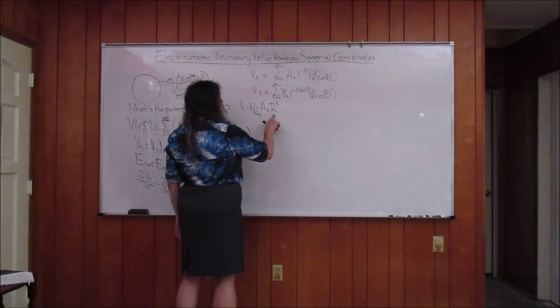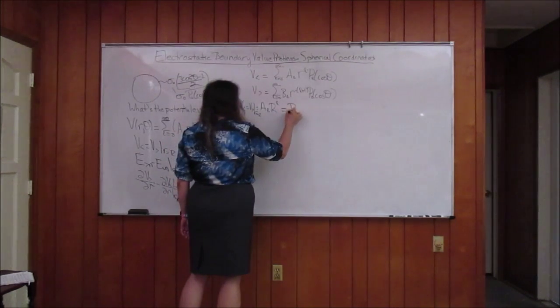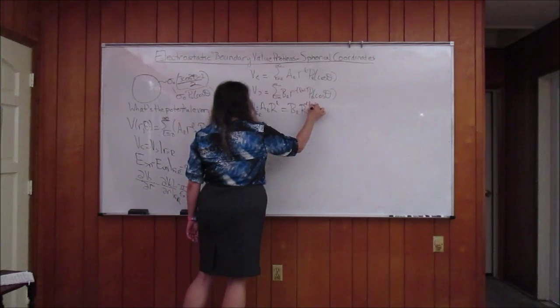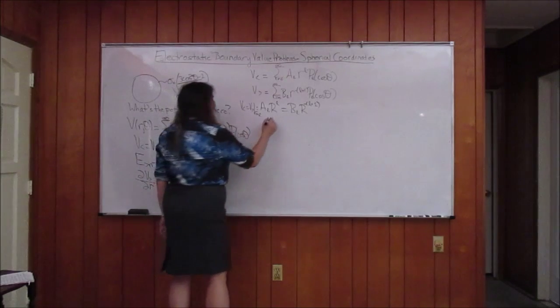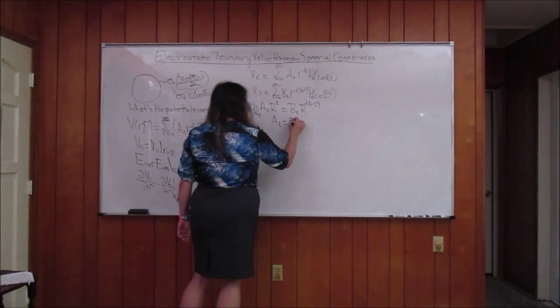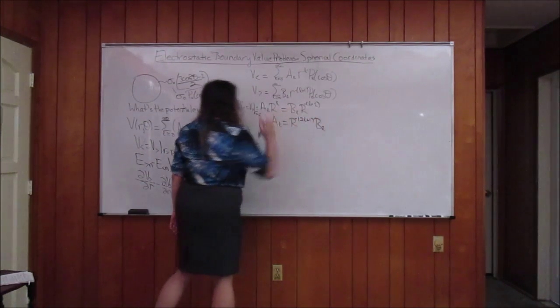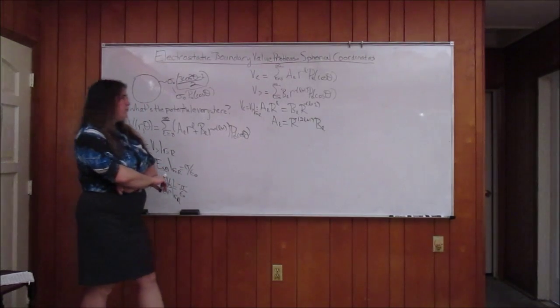So we have A sub L R, the radius of the sphere to the Lth power, is equal to B sub L, radius of the sphere to the minus (L plus 1). And therefore, A sub L is equal to R to the minus (2L plus 1) times B sub L. So I've eliminated an infinite number of possibilities.